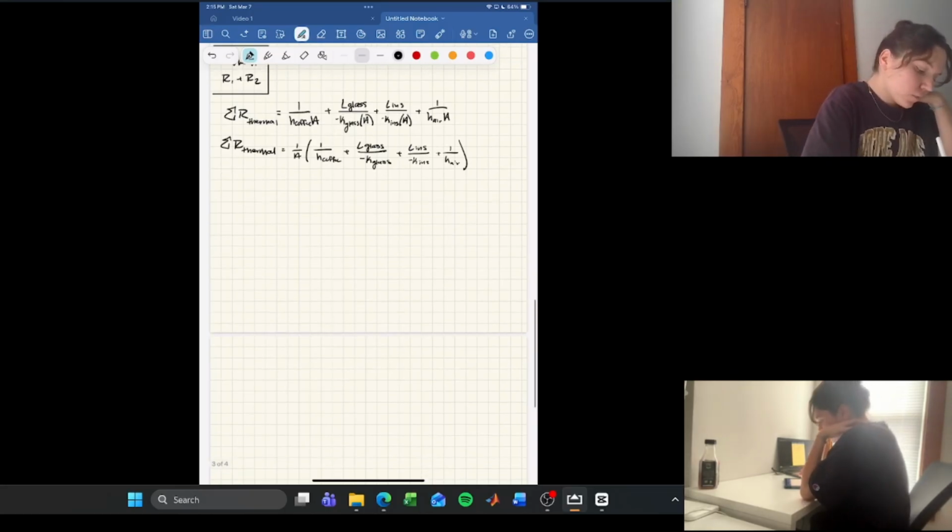So the total change in temperature is going to be equal to the heat flux times the total resistance.